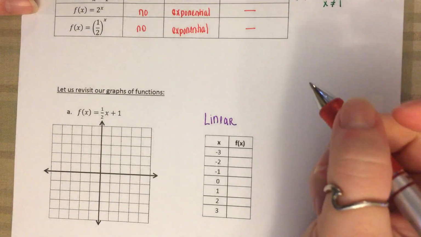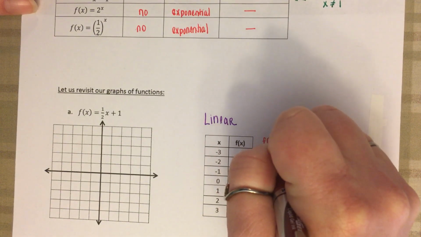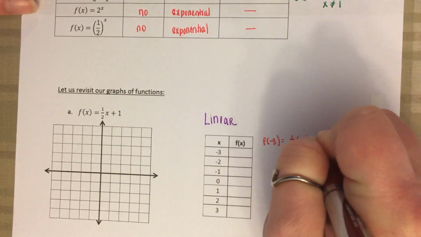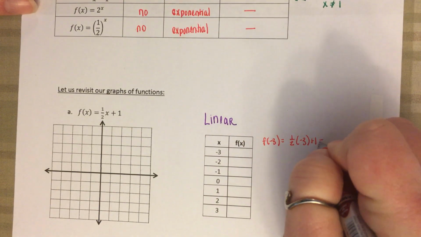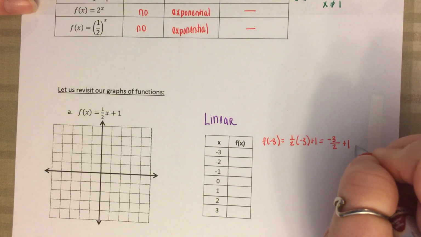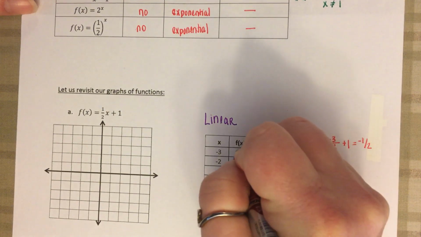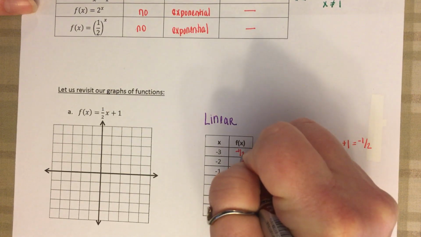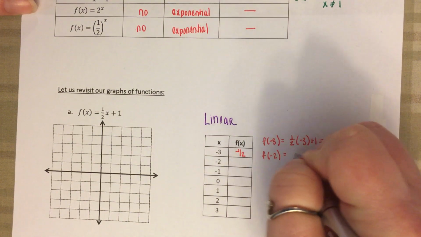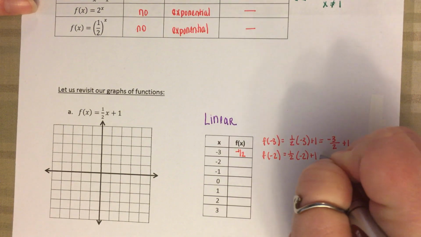Right, so if we start calculating values, f of negative 3 is 1/2 times negative 3 plus 1. 1/2 times negative 3 is negative 3 over 2, plus 1, which is going to give us negative 1/2. F of negative 2, 1/2 times negative 2 plus 1.